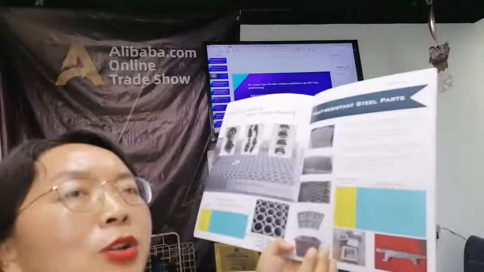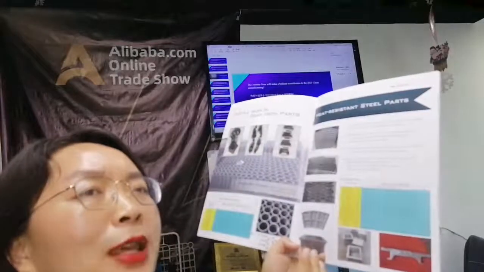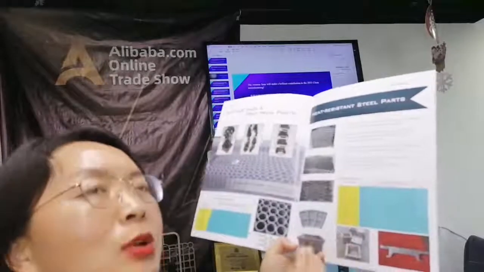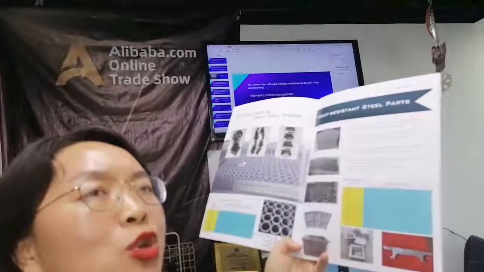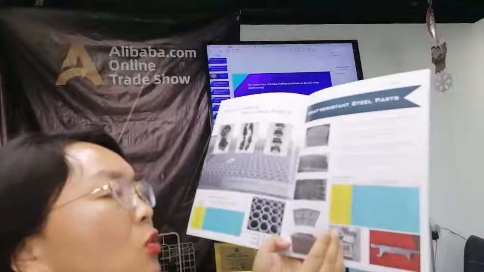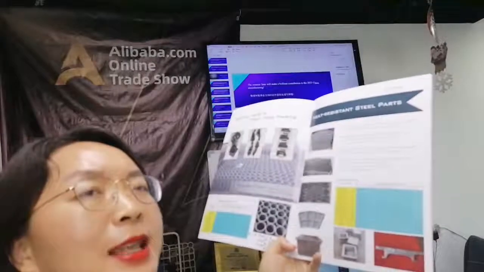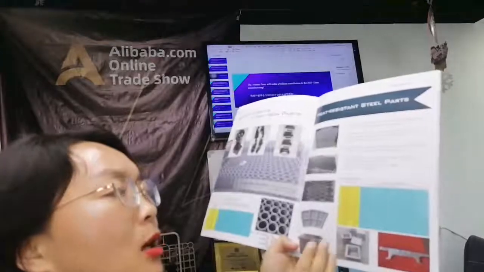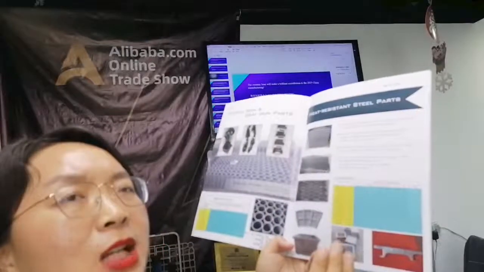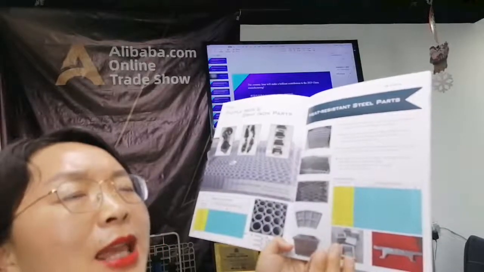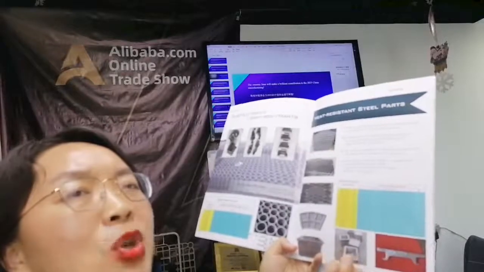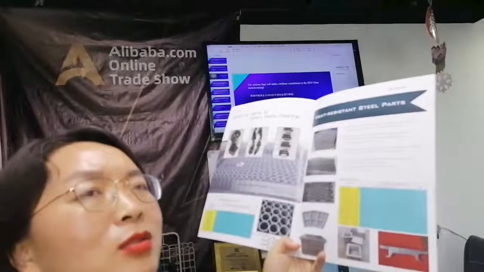So this material is proven not suitable for our working condition. Actually, even with 2.4879 material, the blade can last less than 22 days.